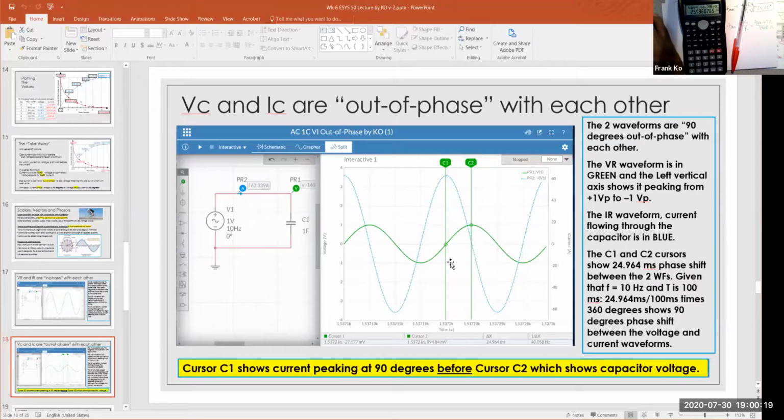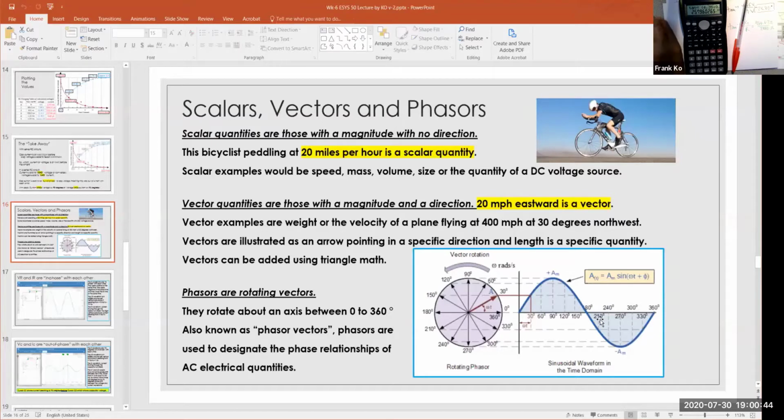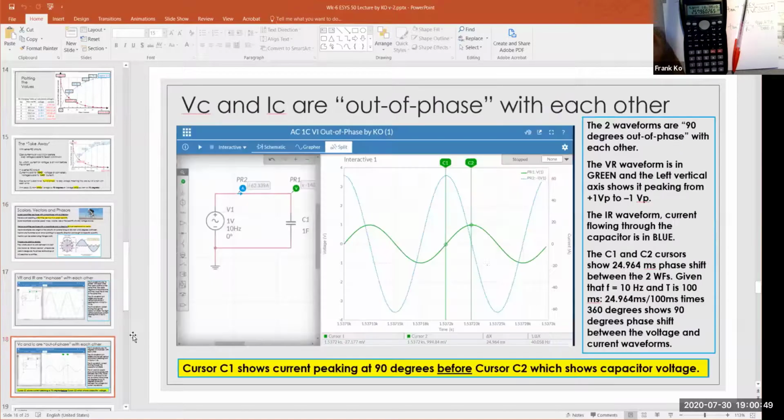I read the time between the two, very close to 25 milliseconds. That is the phase shift between these two waveforms. I divide that by the period of 100 milliseconds, and then multiply by 360 degrees, which is the rotation of a waveform. The entire waveform is 360 degrees. I'm able to determine that these waveforms are 90 degrees apart.